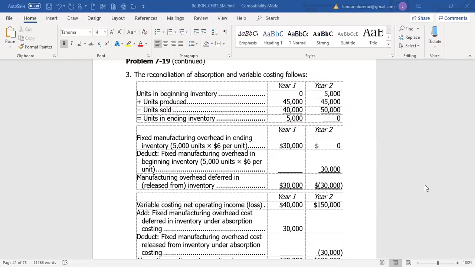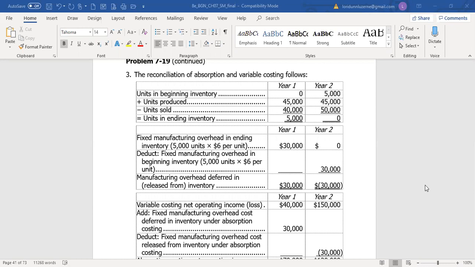During year 2, produced 45,000. This is given on page 322. Of that, 50,000 were sold, or all of them. So there's none left at the end of year 2. So what does that mean for year 1? The fixed manufacturing overhead in ending inventory would be 5,000 units times $6 per unit.